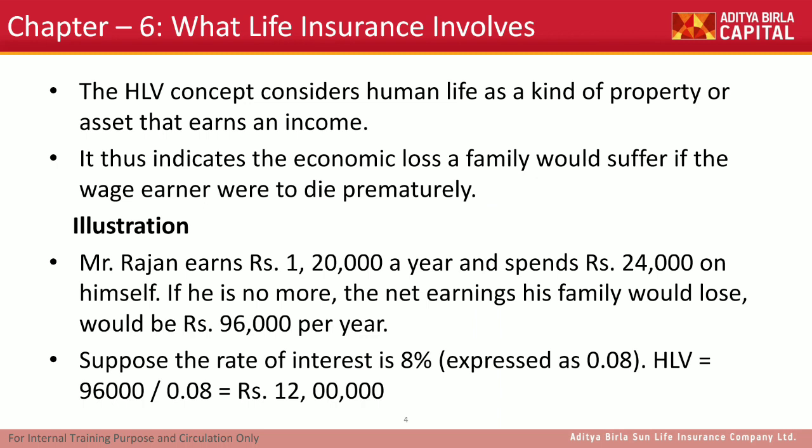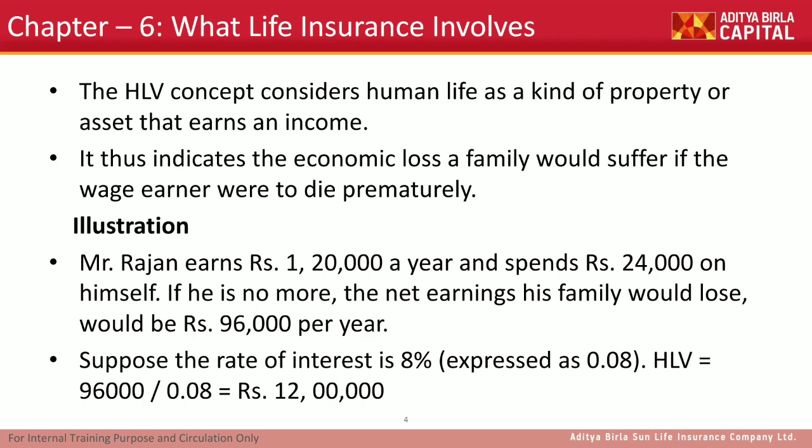Let's take an illustration. Mr. Raj earns rupees 1,20,000 per annum and he spends 24,000 on himself. If he is no more, the net earnings his family would lose would be 96,000 per annum.